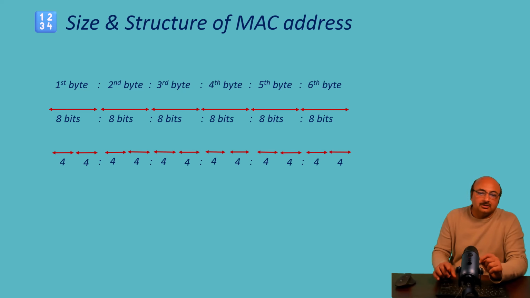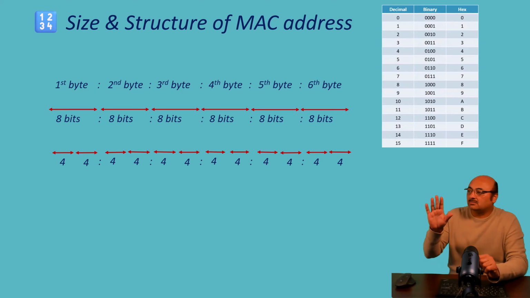Now remember, in the lesson on hexadecimal numbers, I mentioned and demonstrated how for each hexadecimal character we need 4 binary digits. Just to recap, this is the table that we observed during that lesson. Each hexadecimal character has 4 equivalent binary bits.